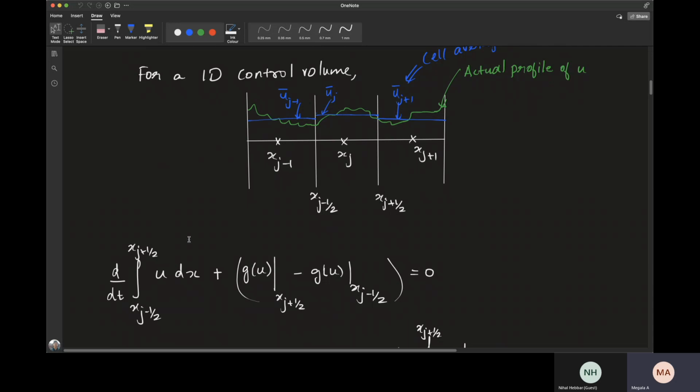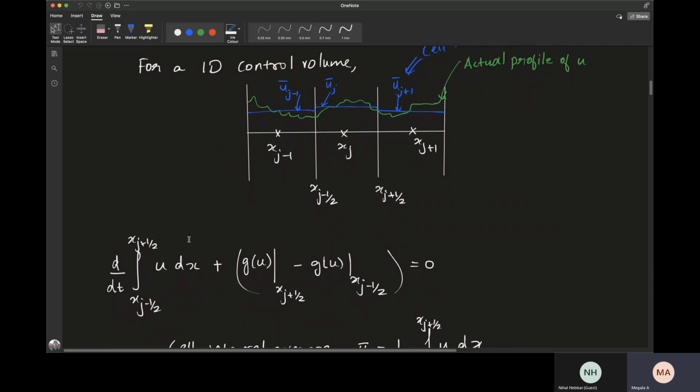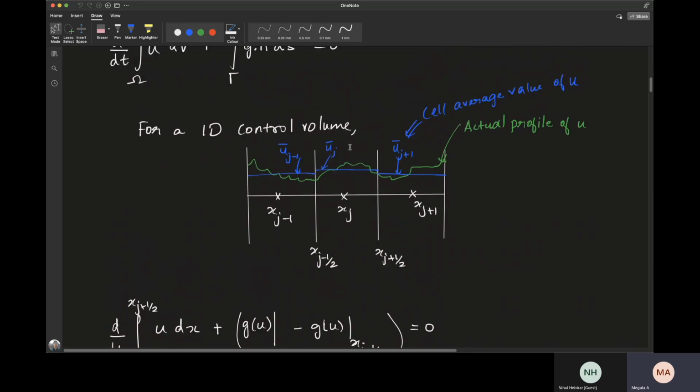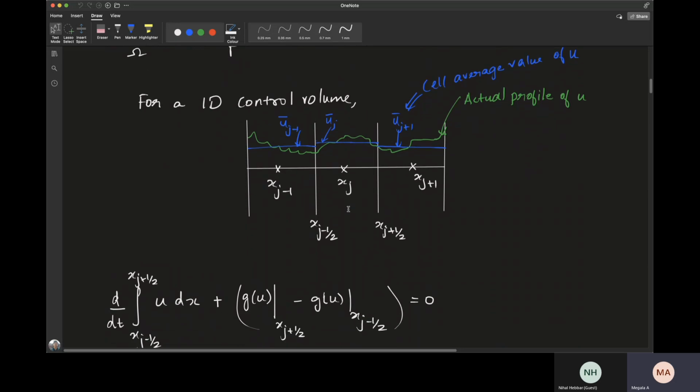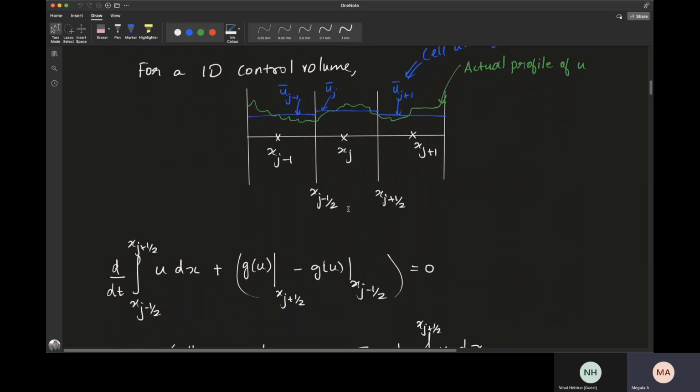Next, let's just consider one control volume over here, the middle one. For this control volume, let's now get the finite volume update formula. Let's do the control volume analysis for this cell and go about getting the finite volume update formula.